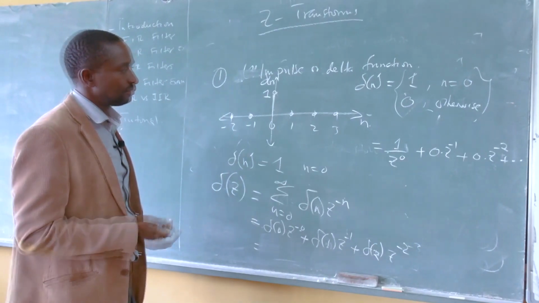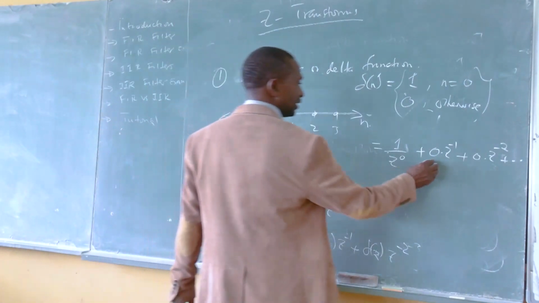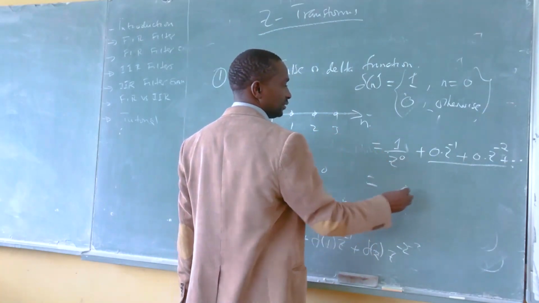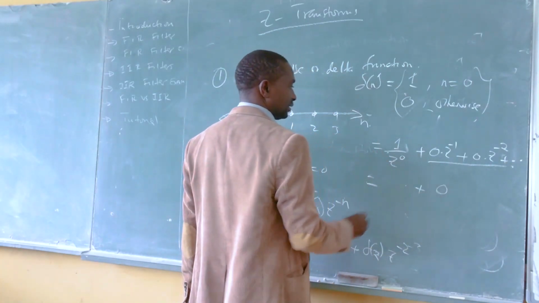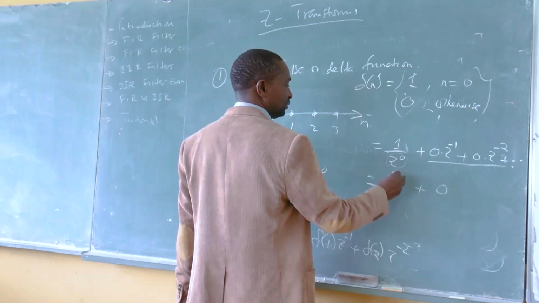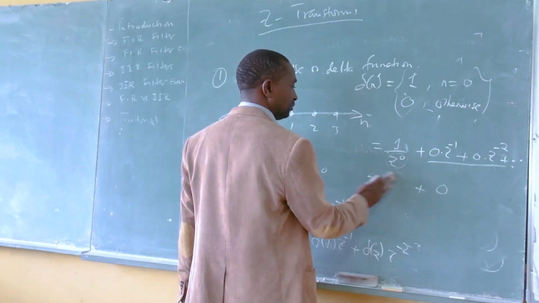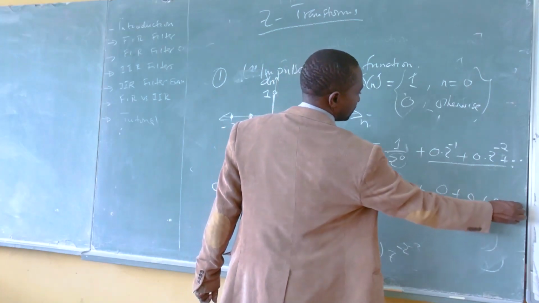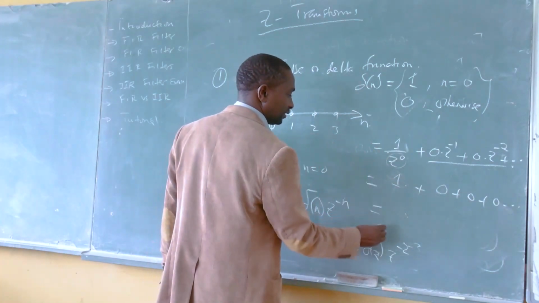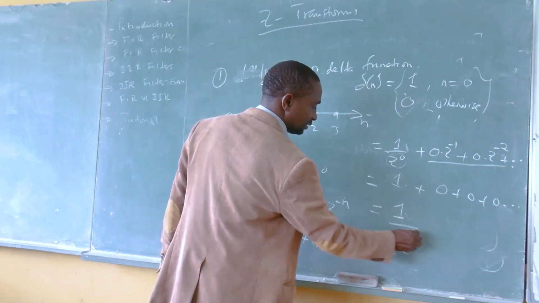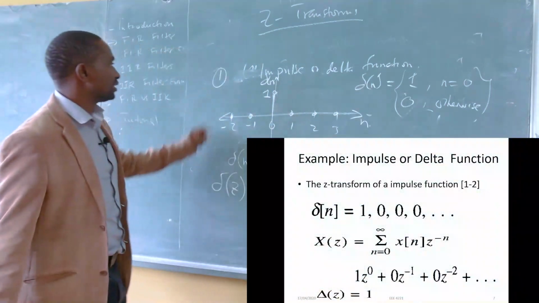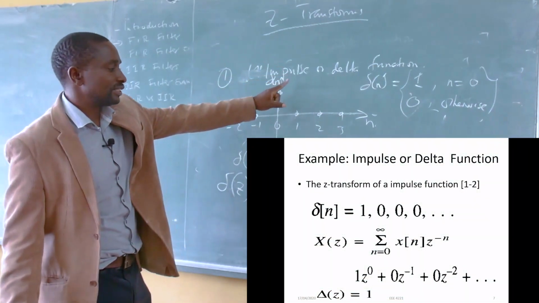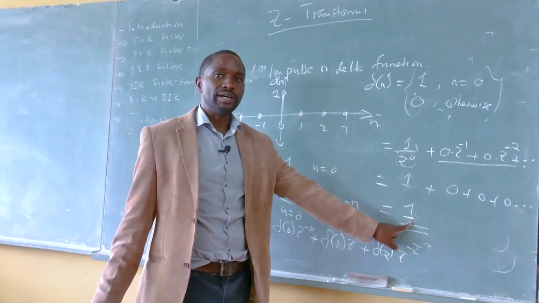So this whole part is 0. This part gives you 1 over 1, which is simply 1, plus 0, and so on. Therefore, the final answer is simply 1. So the z transform of an impulse or delta function will always be 1.